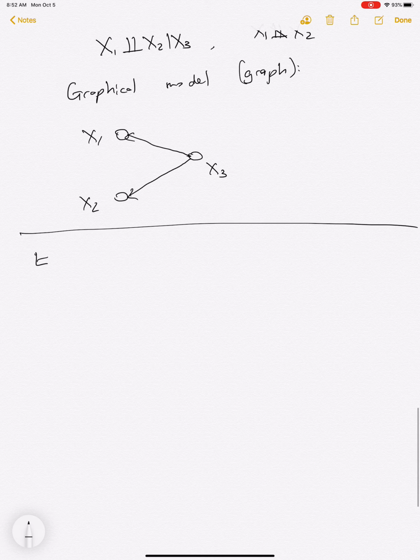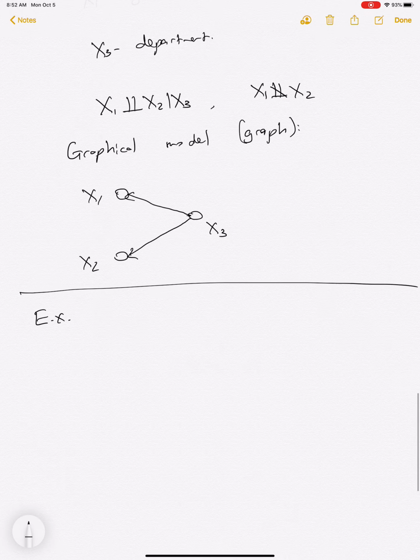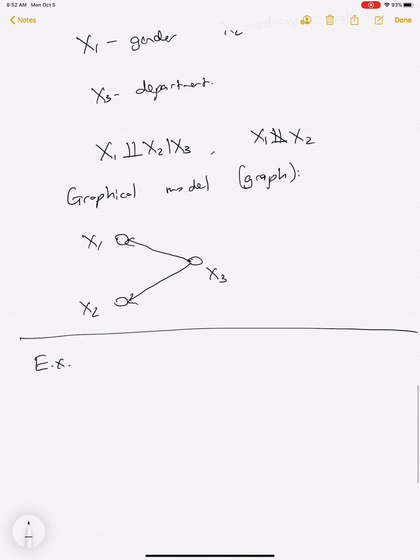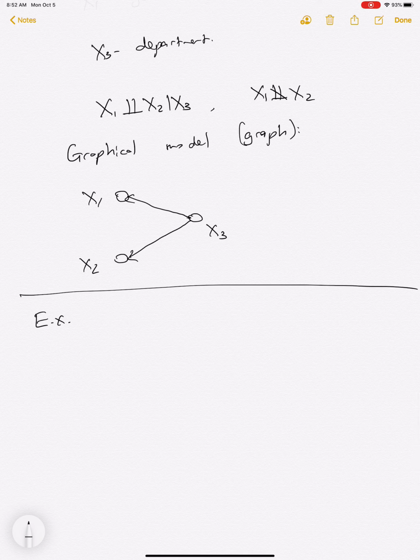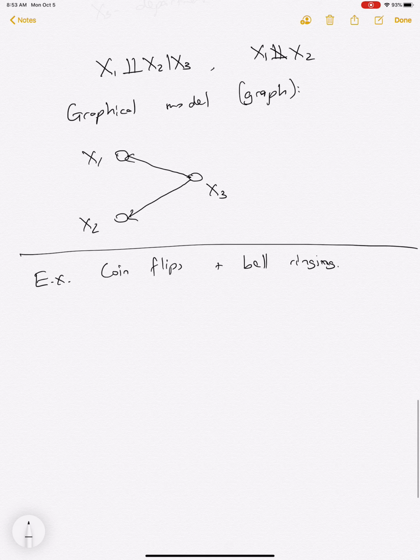And then if we consider the second example, now I'm just getting you familiar with using this notation of independence and dependence. Then this other example of coin flips plus bell ringing. It's very easy to write out this whole distribution, so for this one, I'm going to explicitly write out the whole distribution.